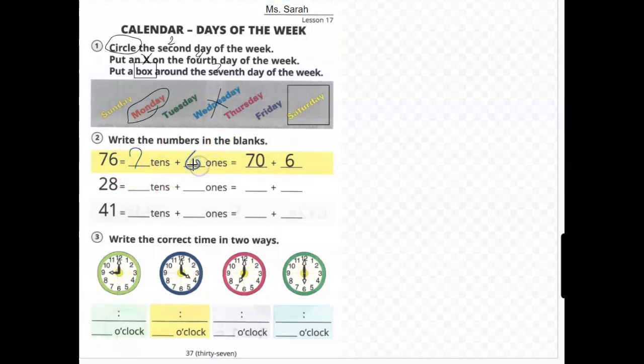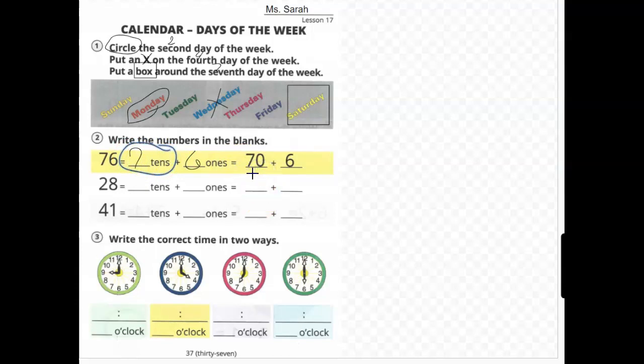So when we write that, here's where we got that number, right? And here's where we get this number. Now 7 tens, the number 10 has 1 0 in it. So when we write this, we write 70. This right here is our tens, right? 7 tens is 70.